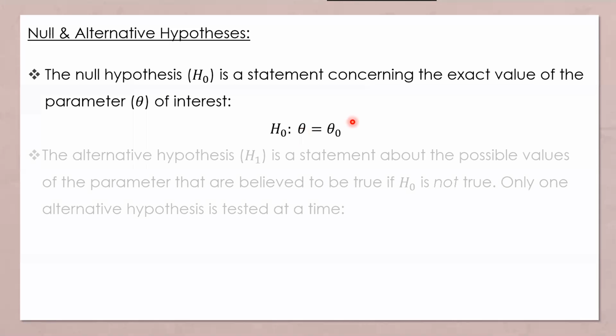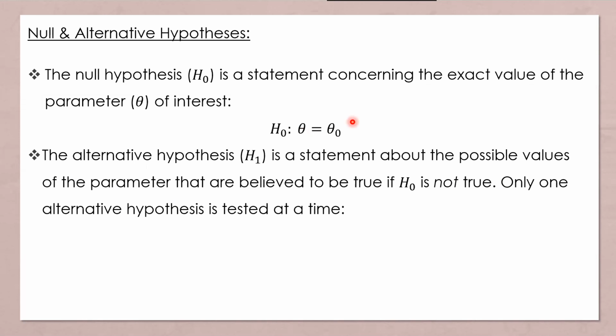Now, your alternative hypothesis is then a statement about the possible values that the parameter can take on if the null hypothesis is not. And if you remember, we only test one alternative hypothesis at a time. So the null hypothesis is always the same, but we can choose among multiple different alternative hypotheses.